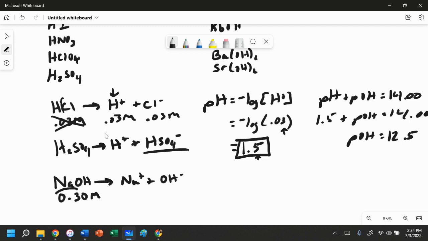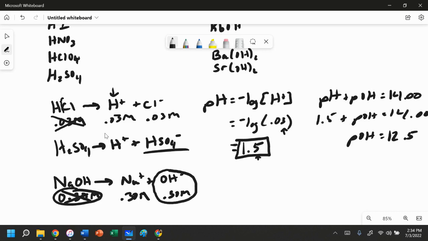All of that sodium hydroxide dissociates in a 1-to-1 ratio and becomes sodium ion, so that becomes 0.3 molar, and hydroxide, which also becomes 0.30 molar.